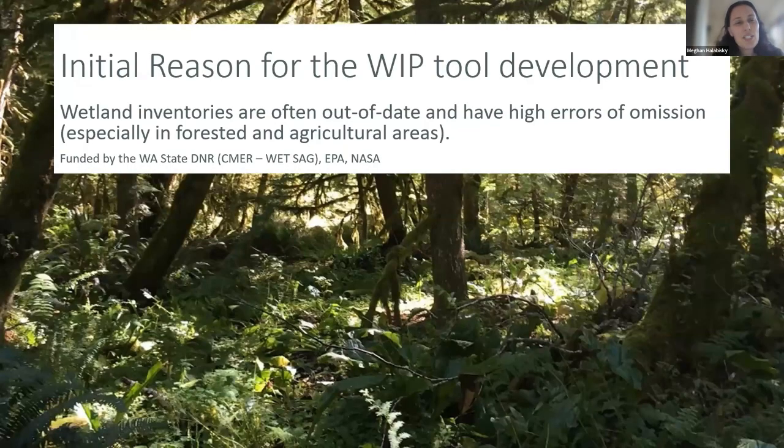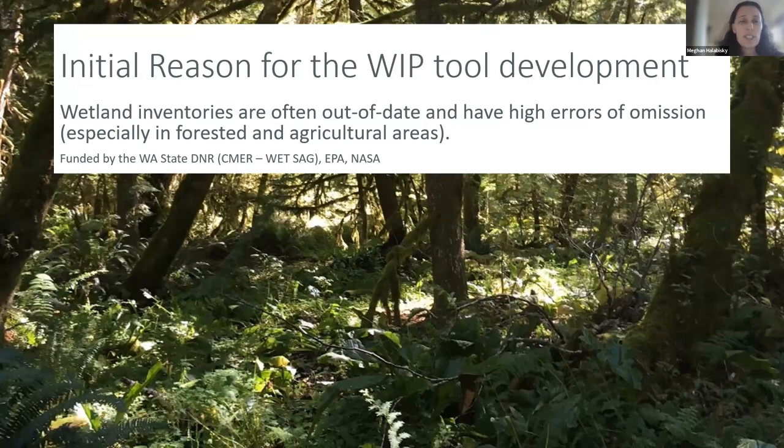So the initial reason for the Wetland Intrinsic Potential tool, as Connor mentioned, was really to address this issue of wetland inventories, the National Wetland Inventory in particular, being that it's often out of date and it has high errors of omission. And this is especially true in forested and agriculture areas.